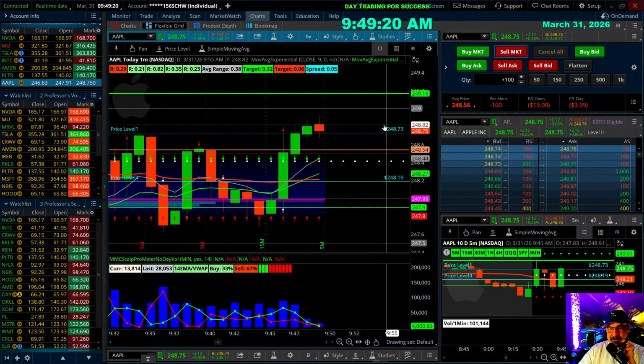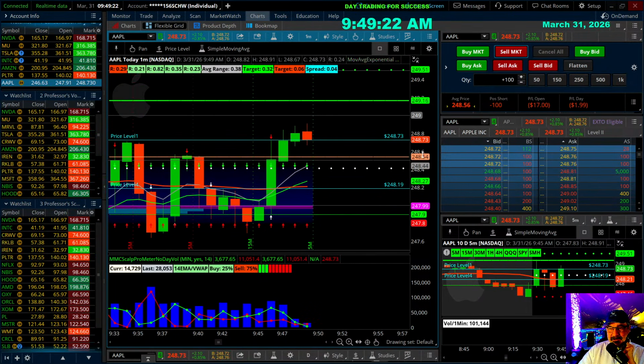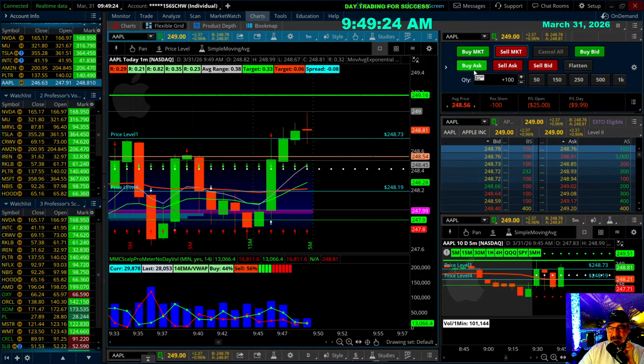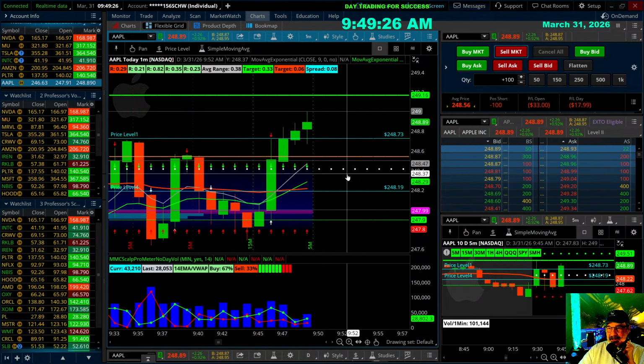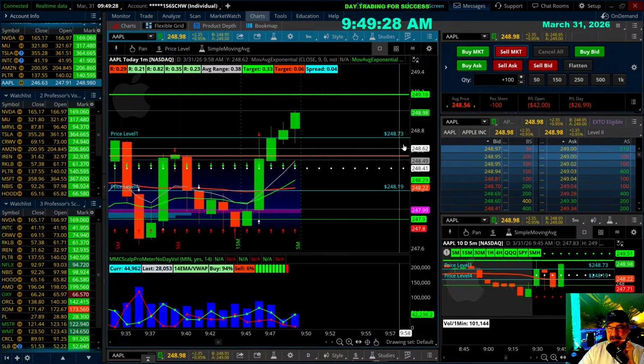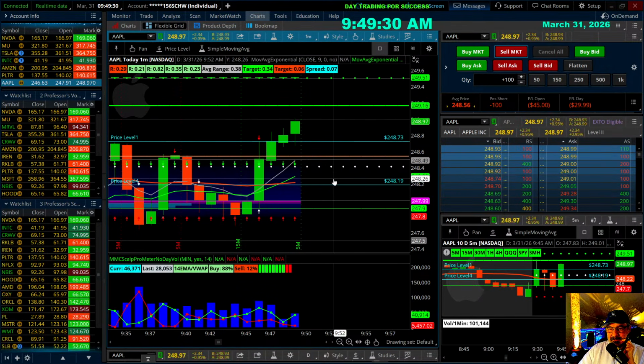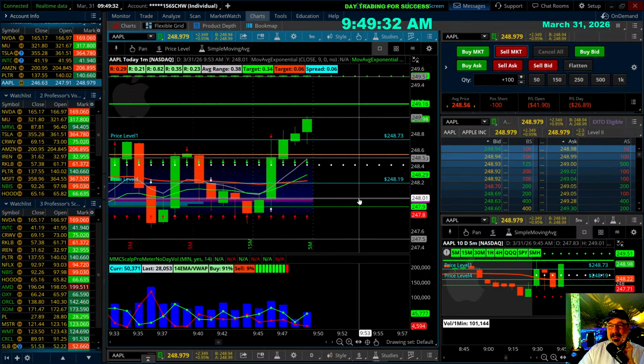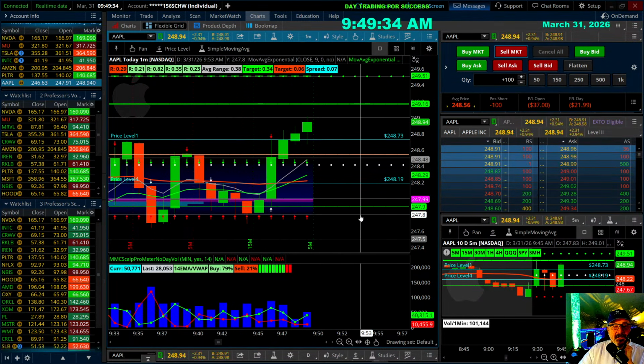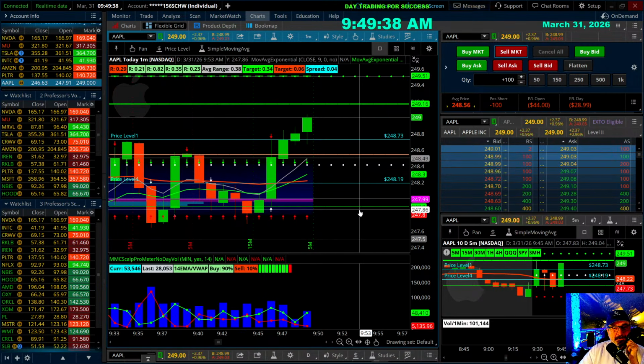I almost want to get out for a lesser loss when I'm green for the day. I'm struggling with, should I have just done it? I'm not liking this trade. After I get out of this, I'm going to move on to another stock here.